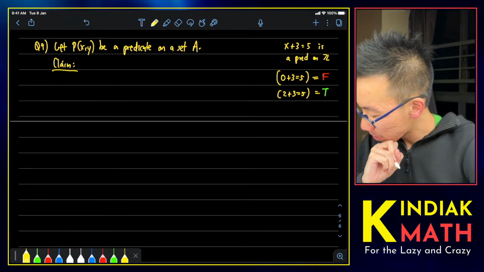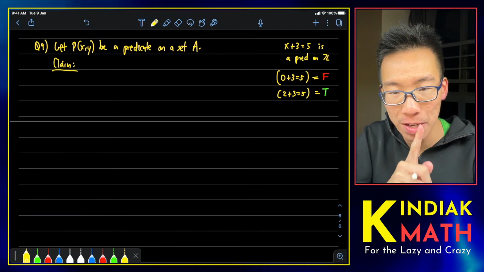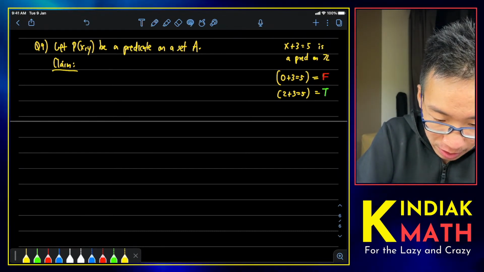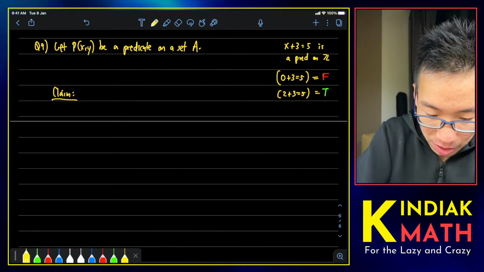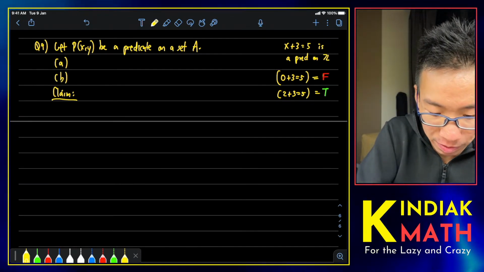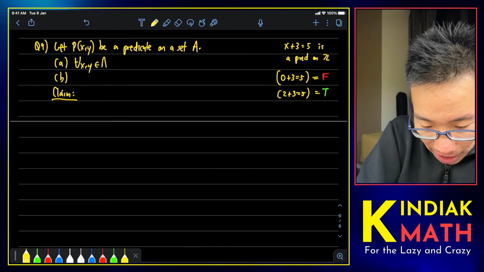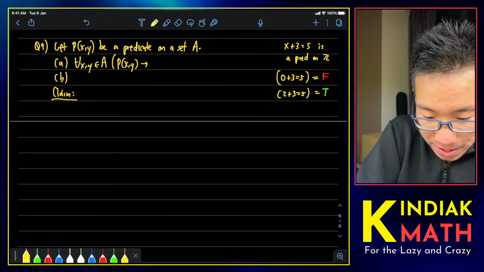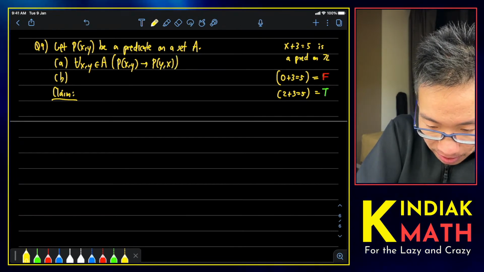Our claim is that we have two statements that are equivalent to one another. Alright, so let's just copy them down. Let's write A and B this way. A is this statement: for any x, y in A, P(x, y) implies P(y, x).